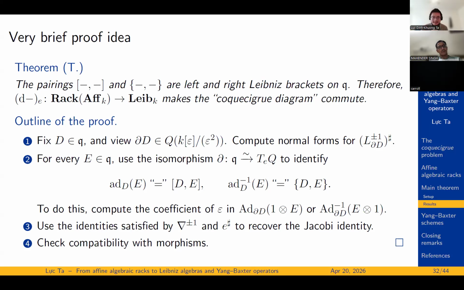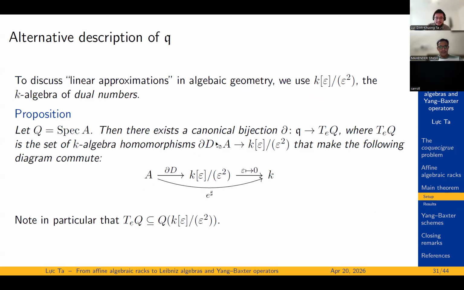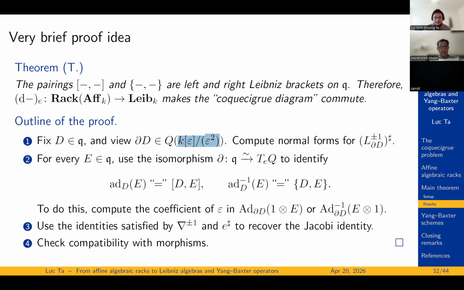As an outline of the proof, given a tangent vector in math frac Q, in other words a derivation D, I'm going to look at partial of D, and by this proposition I can view partial of D as an R point of Q, where R is the algebra of dual numbers.